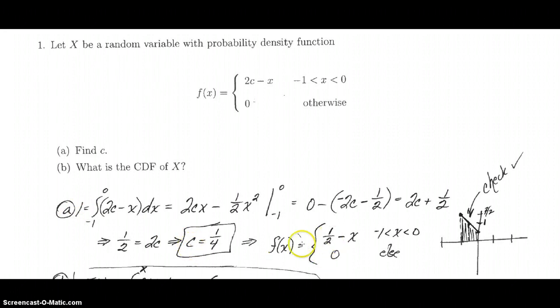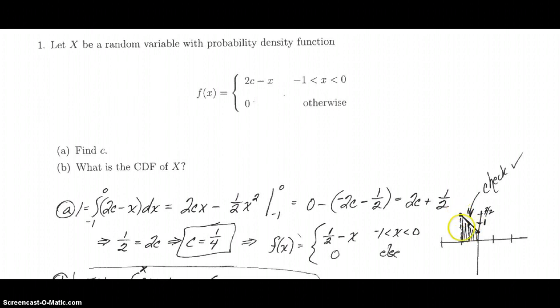We can check that, so we put that 1/4 back into the original PDF, get 1/2 minus x, which we can graph. That's a line with intercept at 1/2, slope of -1, so we can graph that pretty quickly. It's a quadrilateral, it's actually a trapezoid.